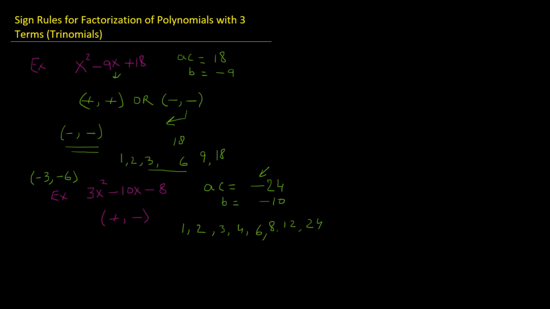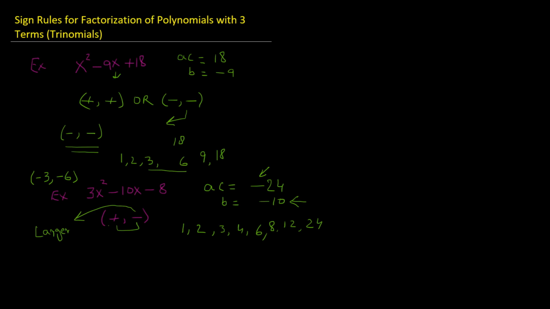So these are the factors of 24. Now we are looking for 2 numbers whose difference is 10. Why are we looking at the difference? Because they have different signs. When their signs are different, the larger number will have the sign of B, which is negative. So the larger number will be negative.